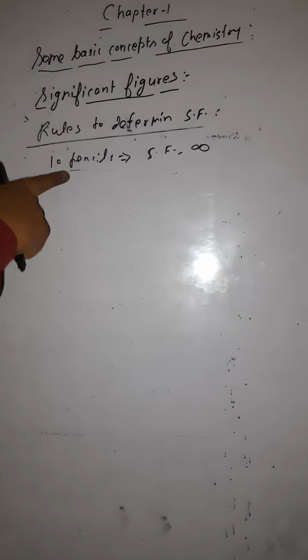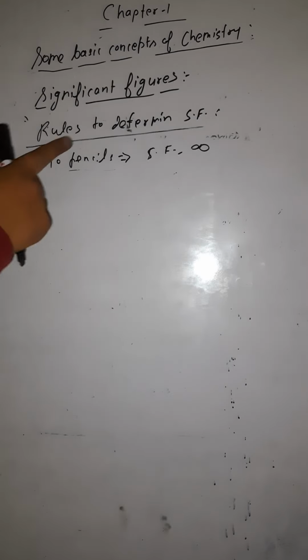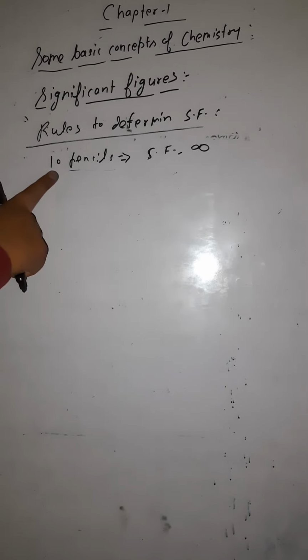If the commodities have been mentioned after the digits, the number of significant figures becomes infinity. Are you getting this?